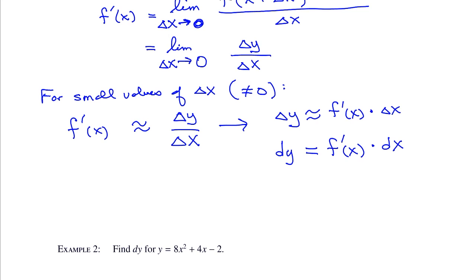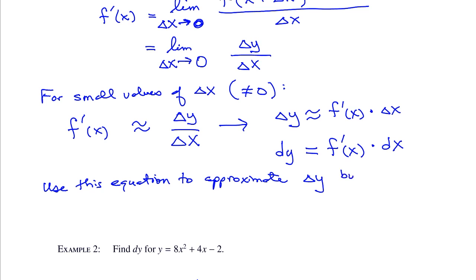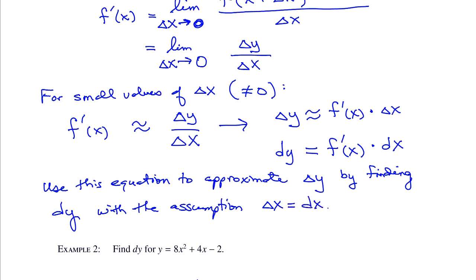The normal assumption here is to use this equation to approximate delta y by finding the differential of y, dy, with the assumption that delta x is equal to the differential of x.